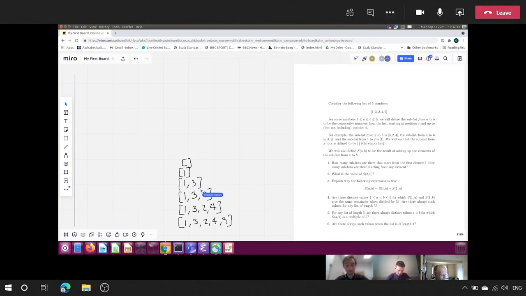From the second element, we'll have an empty list, a list of length 1, a list of length 2, a list of length 3, and a list of length 4, but not a list of length 5. So in this case, the total number of sublists from any starting point would be 7 minus n, where n is the position or index of the starting point.